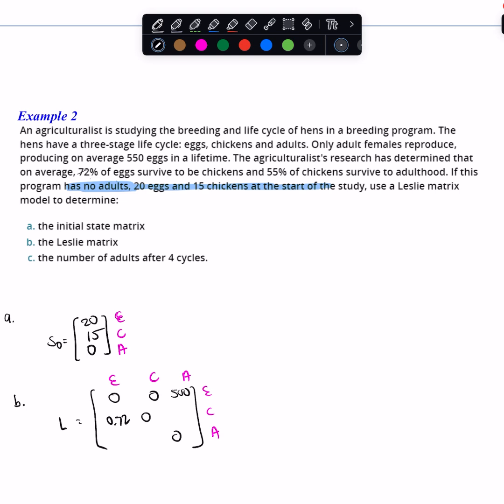It makes sense: 72% of eggs survive to be chicken.